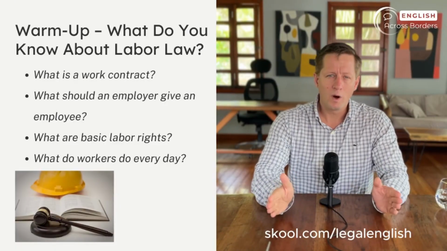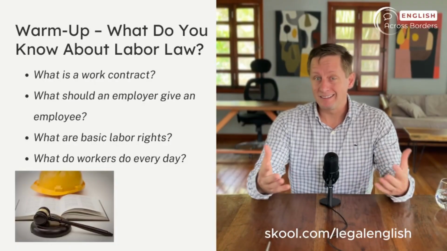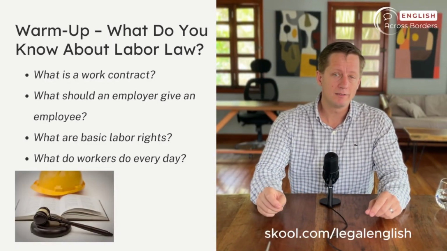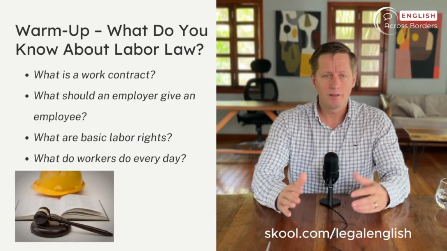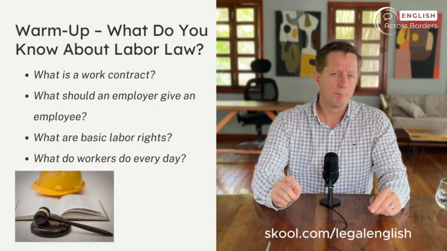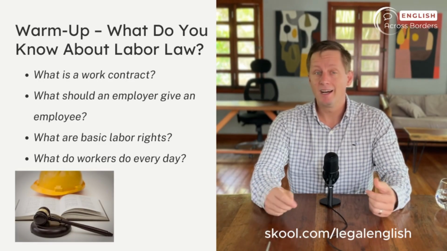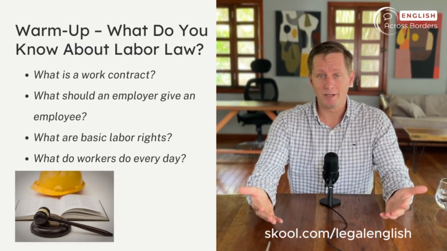First, what is a work contract? It is a legal agreement. It says what the job is, how much money the worker makes, and the rules of work. What should an employer give an employee? Things like a safe workplace, fair pay, and rest breaks.